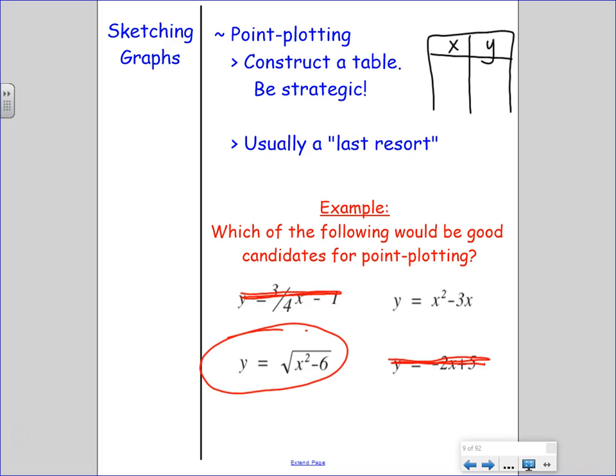If you're not sure why that's true, square both sides, move the 6, move the y squared. X squared plus y squared is 6. It's a circle. But it is a hard one to see. It's not a normal function. Even though there's a square root, and even though we're going to talk about square root of x as a parent function, it's definitely outside of the box. Great one for a table.